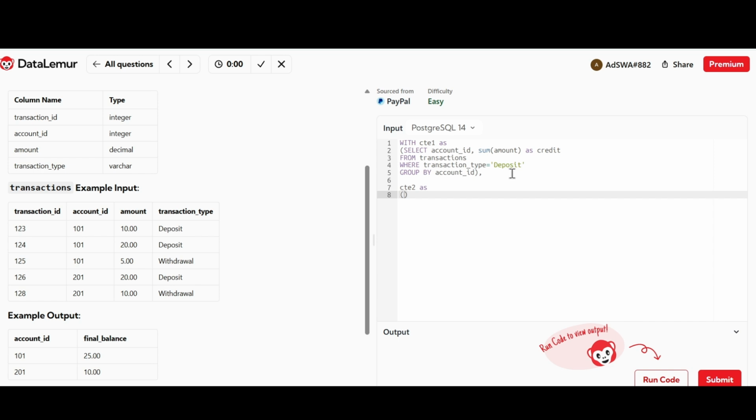Here first we start with the table. This is for the deposits, so it now contains all the deposited amounts.